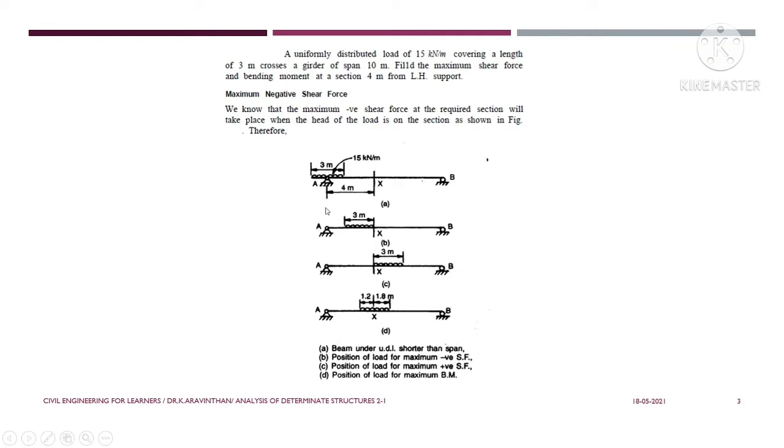You have maximum RA here and reaction A will be 0 at the point B. Similarly, the reaction B will be maximum if the load is here, and the reaction B will be 0 at the point A. So these are the variations which we have clearly understood in an influence line.